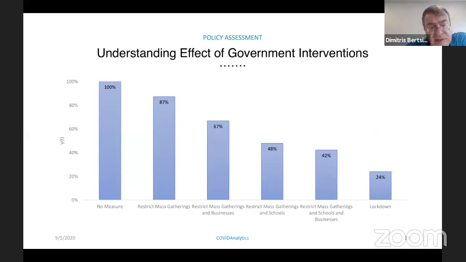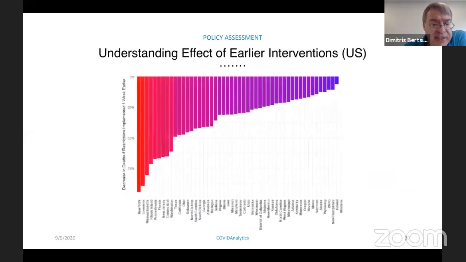If you start increasing the measures, the infection rate that works well in our equations declines, and these are the percentages it declines. For example, with lockdown, the infection rate decreases from 100 to 24%. This allows us, of course, to create what-if scenarios, and here's a rather dramatic one.